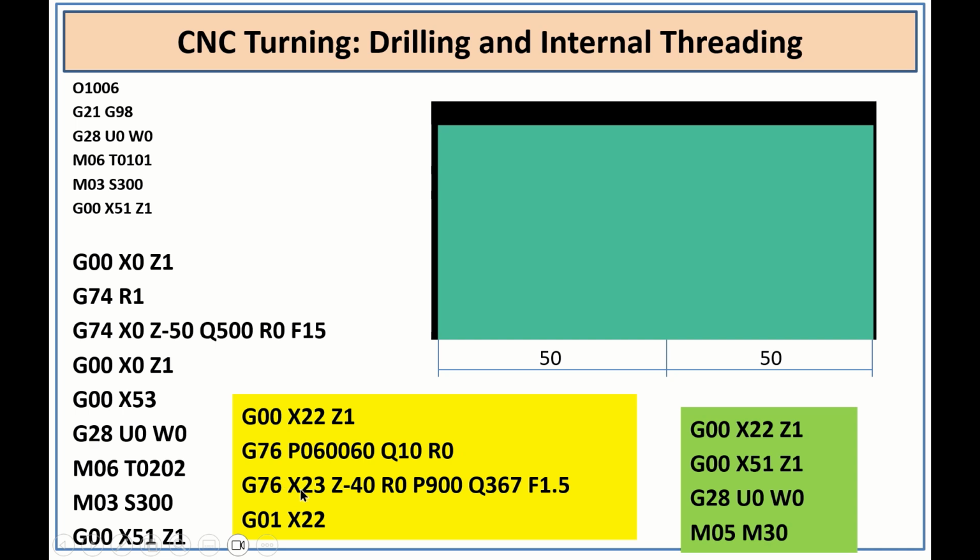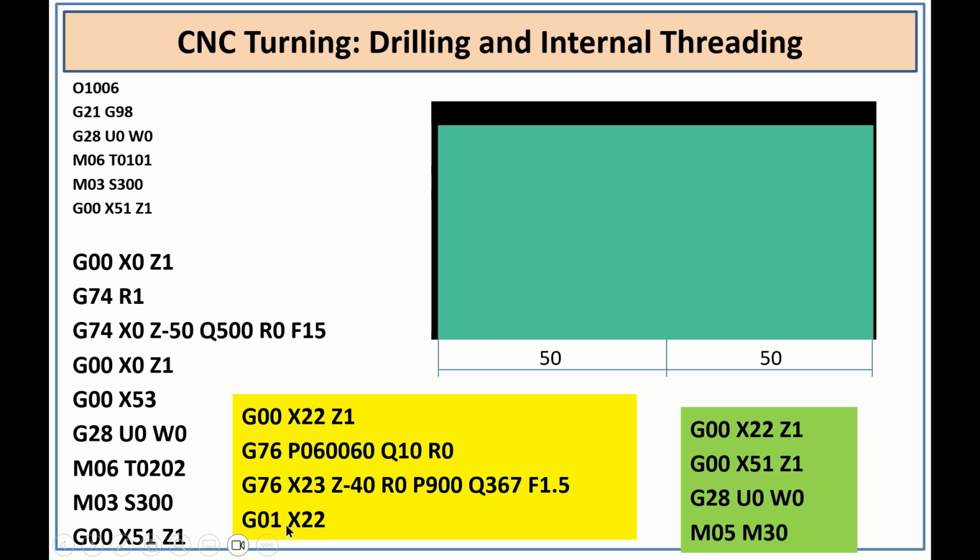X23 is the minor diameter, and Z minus 40. At minus 40 I am performing the thread operation, and R0, P is 900, and Q 367, and the pitch length is 1.5 mm.